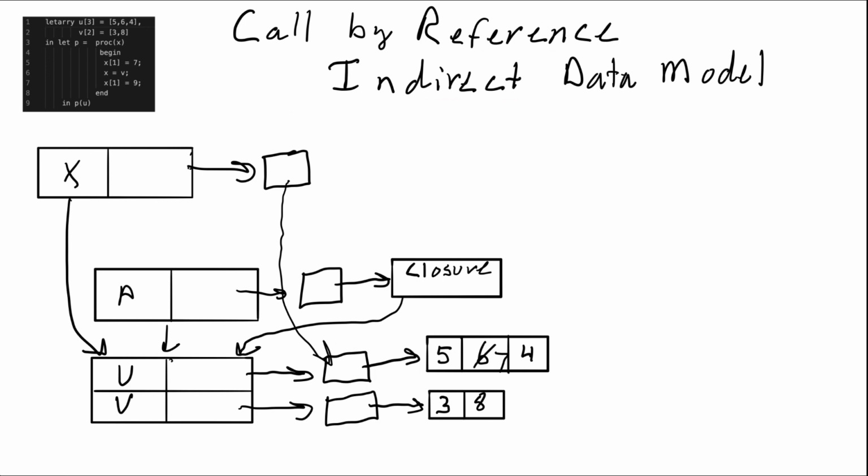And now here's something really interesting that will happen when we do CallByReference when we make this assignment. What we're saying is make the reference point to V. So we'll erase this connection right here, and we'll make the reference now point to V. And if we're doing garbage collection, or say automatic reference counting, what will happen to this array? It will get garbage collected or removed out of memory.